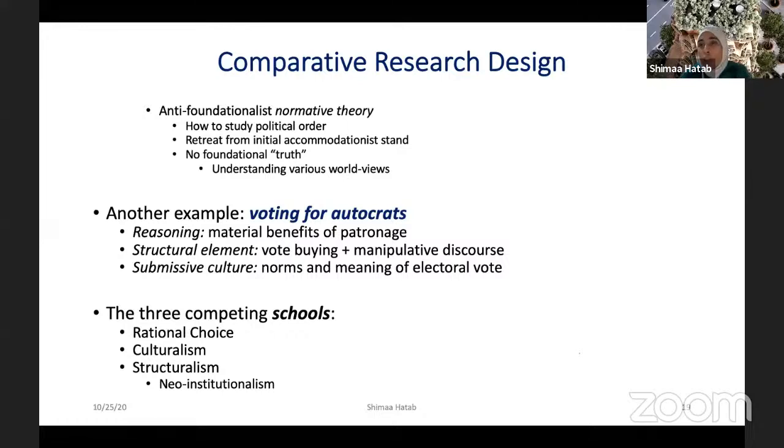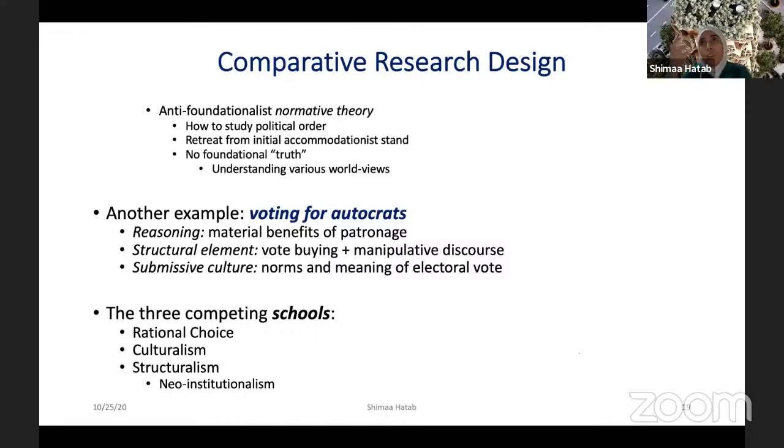So rationally speaking, people made their own calculations in order to benefit from this kind of peculiar or particular distribution of material benefits. So you need to vote for them, otherwise you will be deprived of these material benefits.